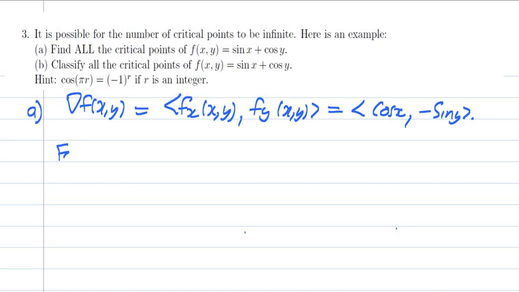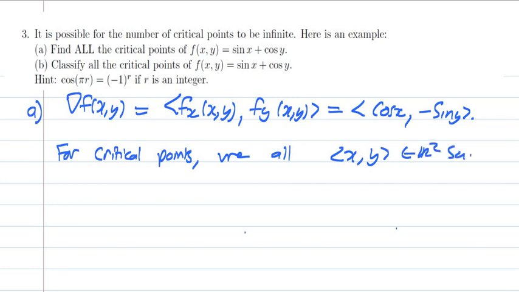For critical points, we want this to be the 0 vector. So we want all pairs xy such that cos x equals 0 and minus sine y equals 0.